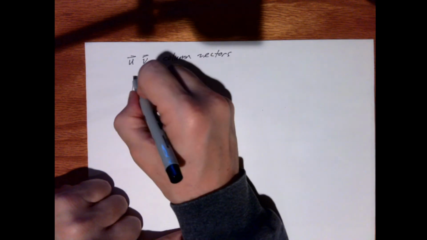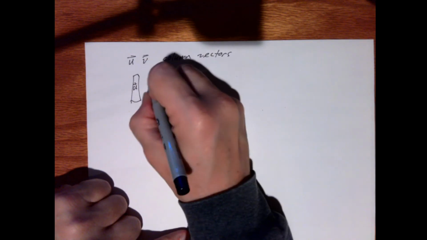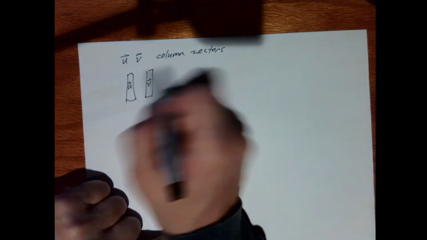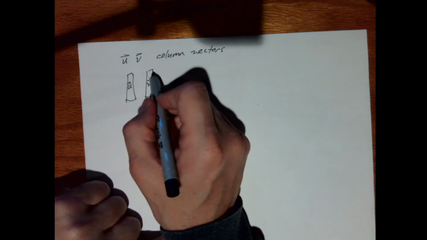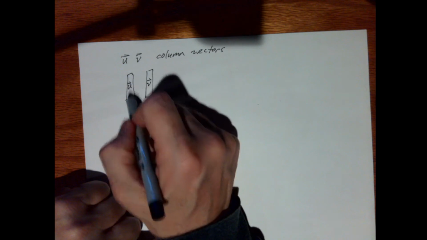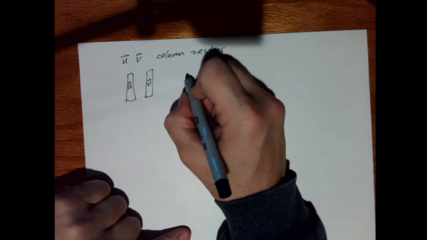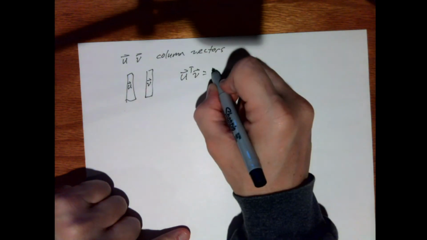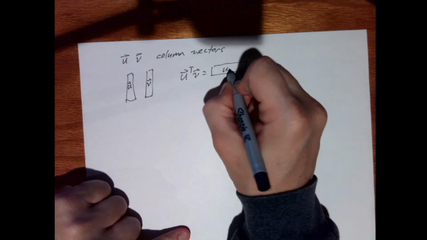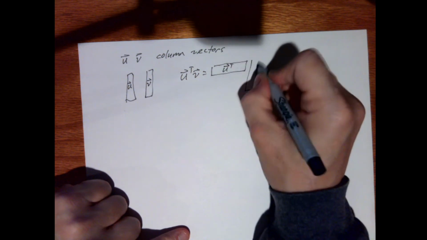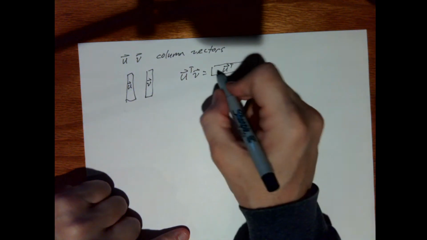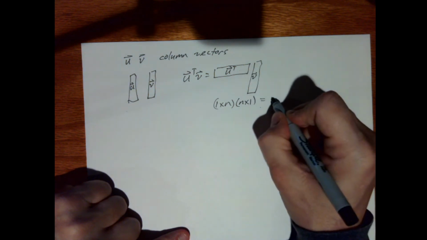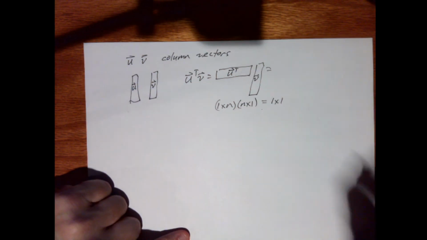So we have this vector U, this vector V. If we think about what I just did, where I'm taking the first element of this multiplied by this, second element times the second element of this, and so forth, I can think of that as matrix multiplication if I write the transpose of U times V. So this is now U transpose times V, which means now I have a 1 by n vector times an n by 1 vector, which gives me a 1 by 1 value, which is just a scalar.